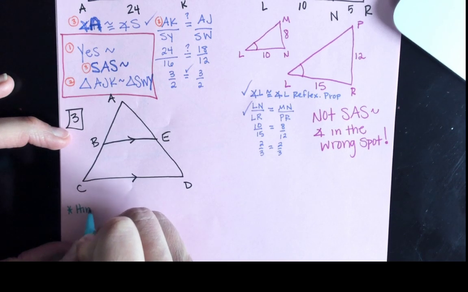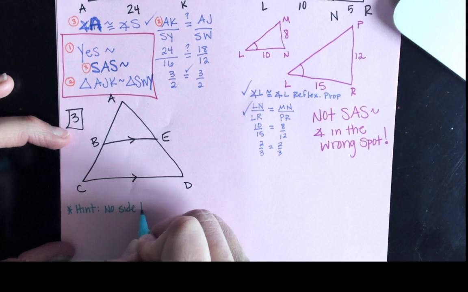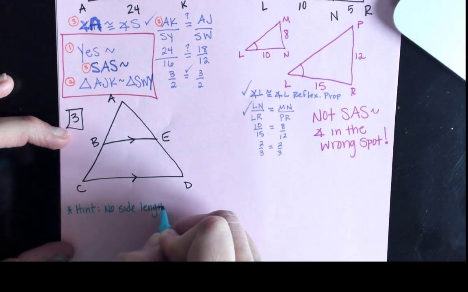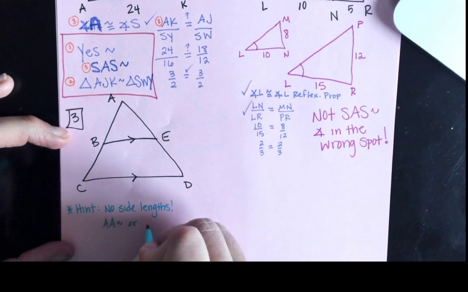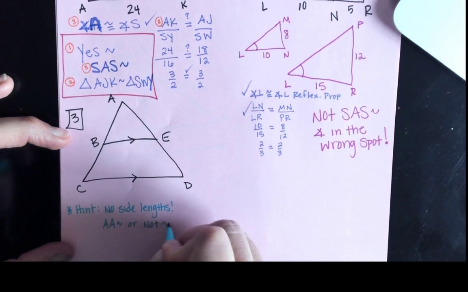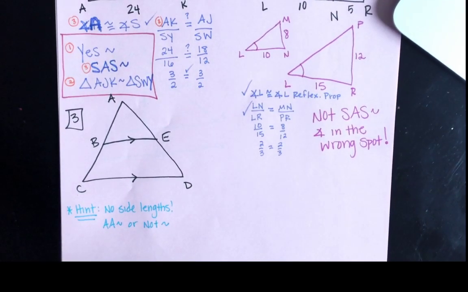No side lengths. So it's either going to be angle or not similar.